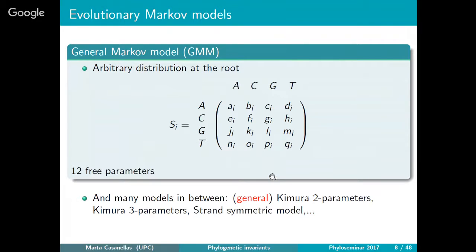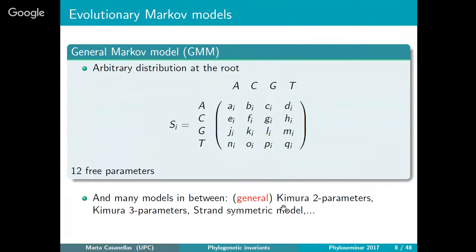And on the other side, we have the general Markov model, which means we don't impose any symmetry or any condition on the transition matrices. And at the root, we can put any distribution. Put an arbitrary distribution at the root and let the substitution matrices be whatever. As rows sum to 1, we have 12 free parameters for each transition matrix.